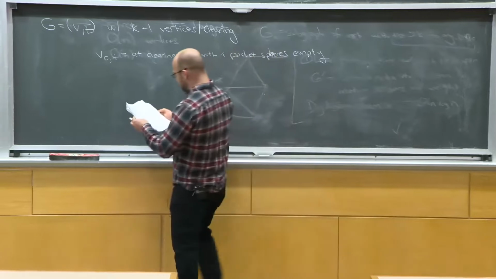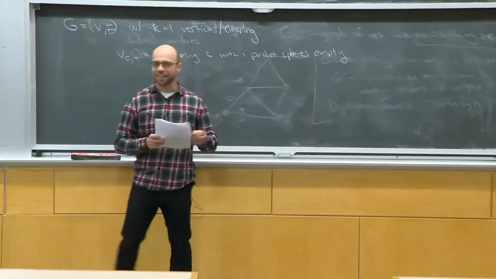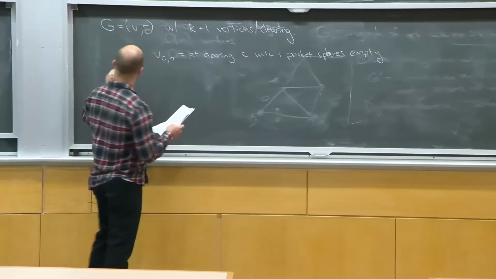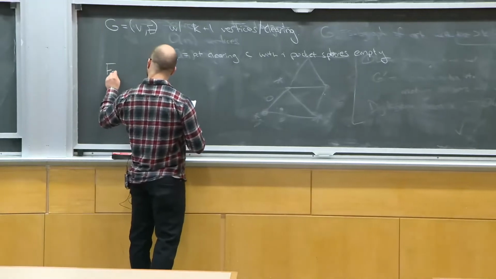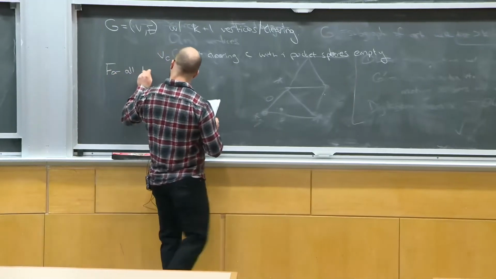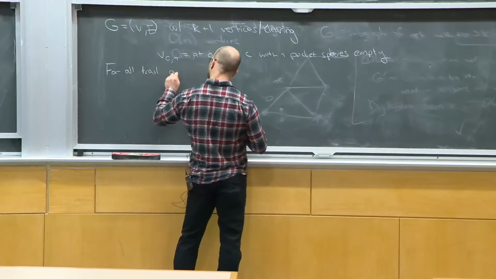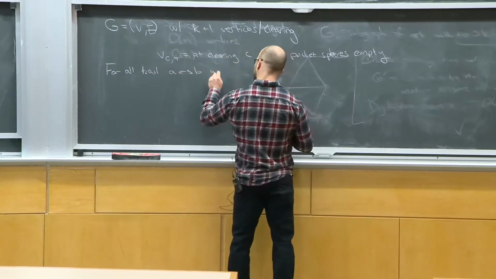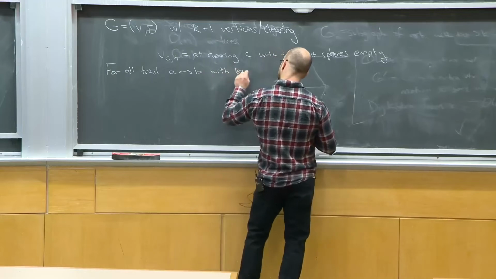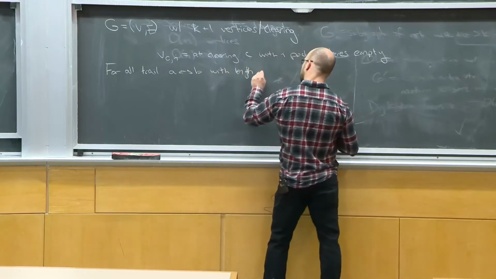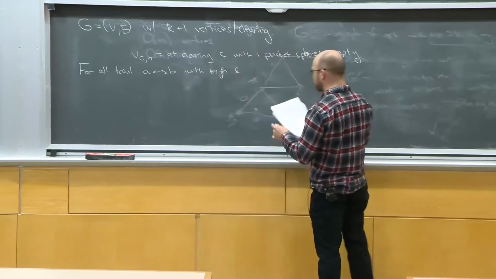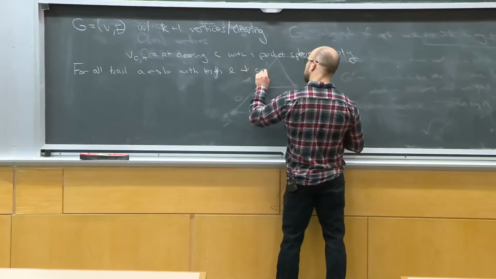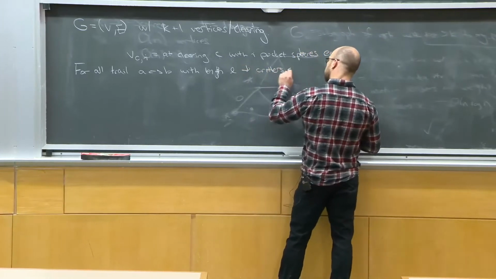Okay. So now I need to tell you how to make the edges in our graph, and so let's do that next. So in particular, for all trails between A and B with length L and critter C, right?